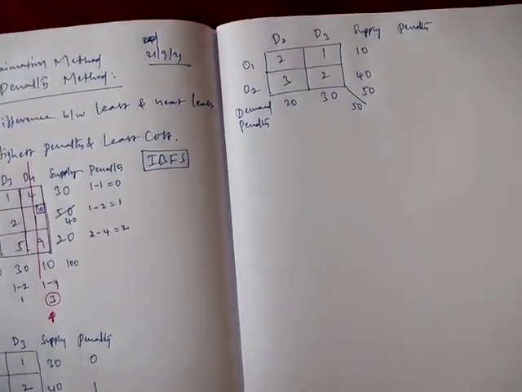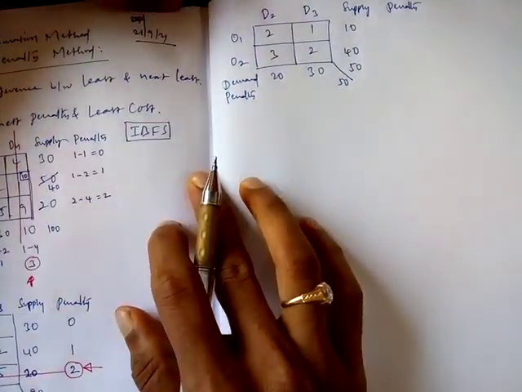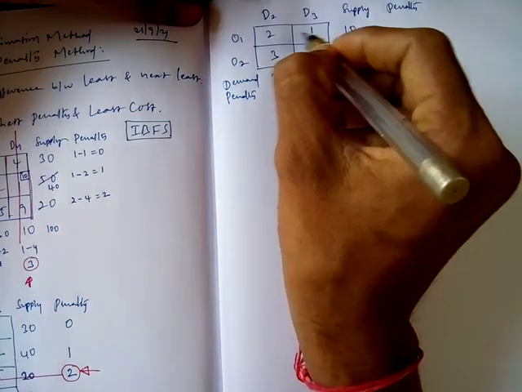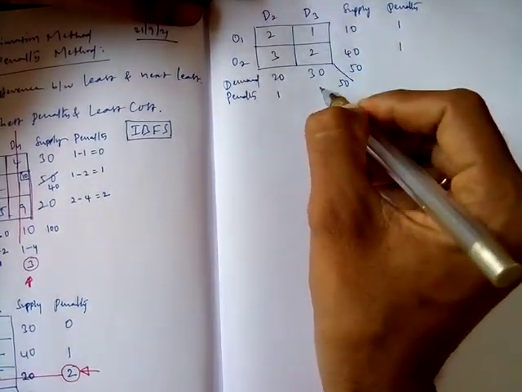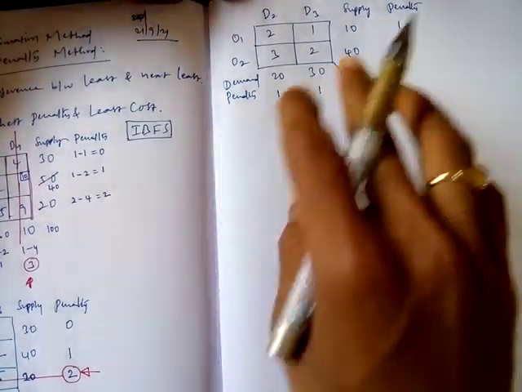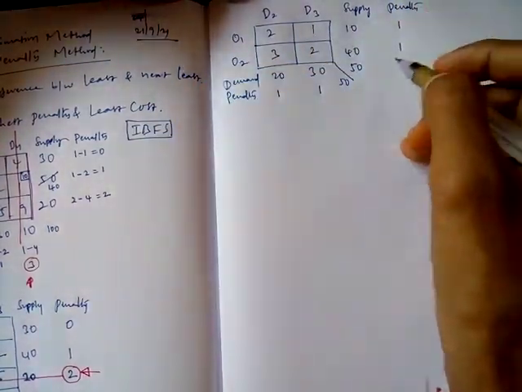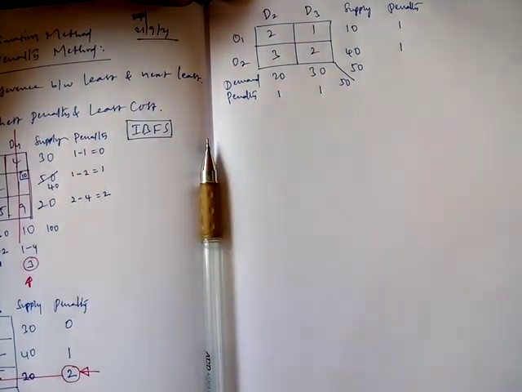And this is the next, latest table. Here the penalties are 1, 1, again 1, 1. So for the highest penalty and least cost, all penalties are the same, 1, so we can allot anywhere. Let me choose this.